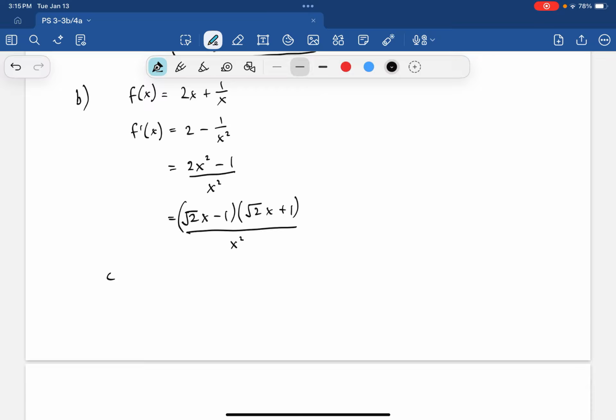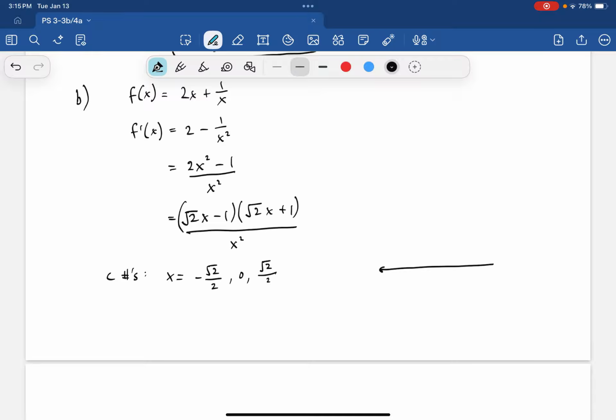And so we're going to have critical numbers of x equals negative root 2 over 2. That will make this equal to 0. And 0, because that makes the denominator 0, which makes the derivative undefined. Remember, the critical number is not only what makes the derivative 0, but also what makes the derivative undefined. Then we'll have positive root 2 over 2.